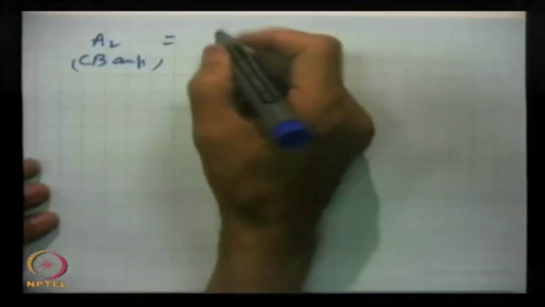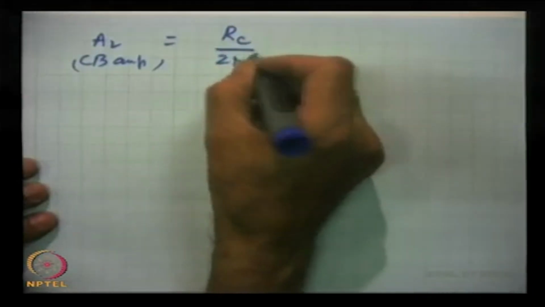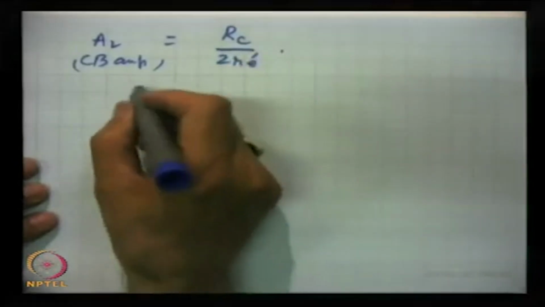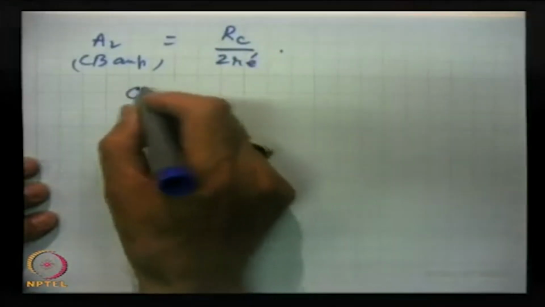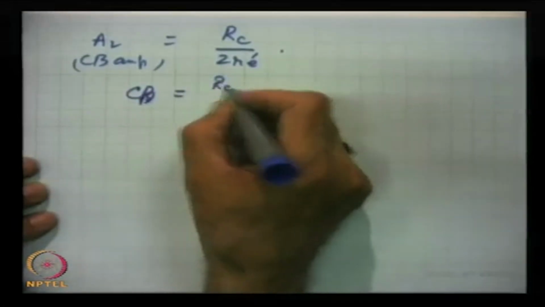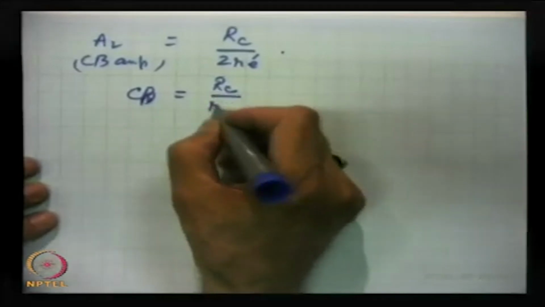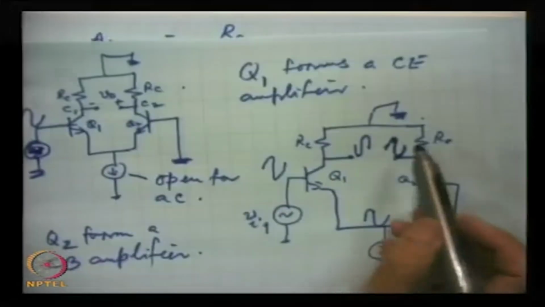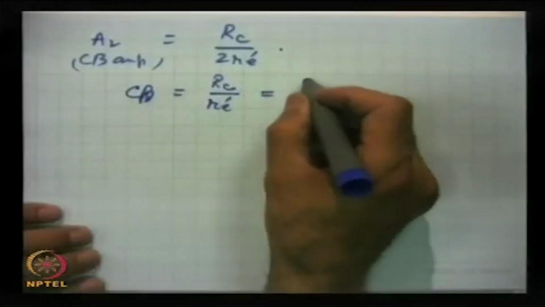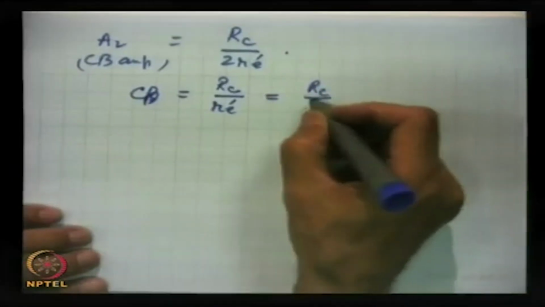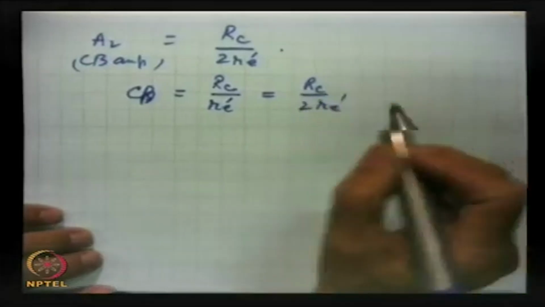This also comes out to be RC by 2 Re prime, because for CB the gain is RC by Re prime, but there are two RCs, RC here, RC here. So, they have to be combined, they are in parallel, and hence this will also be RC by 2 Re prime.